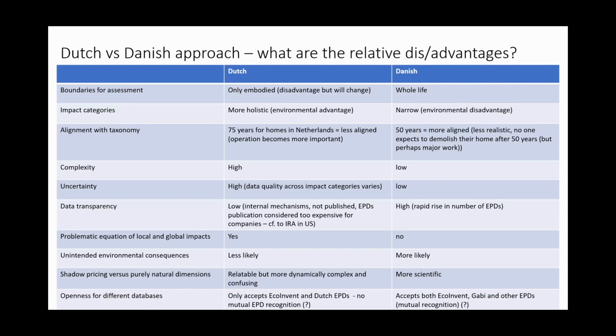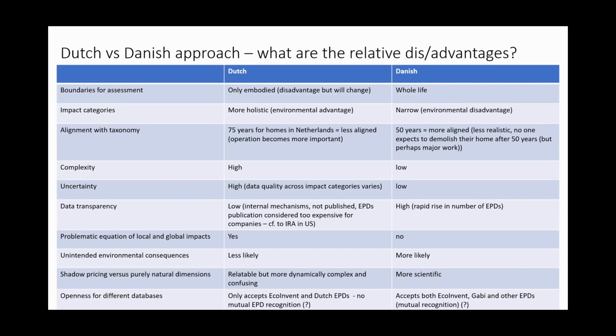So that's less aligned, and also here the operational emissions become more important. 50 years, as in the Danish approach, seems to be more aligned with the taxonomy, but it's also in a way less realistic, because home builders will not realistically assume that the home only lasts for 50 years. But on the other hand, this also increases the impact of embodied emissions, which could be a good thing.